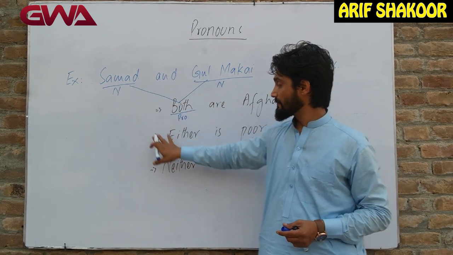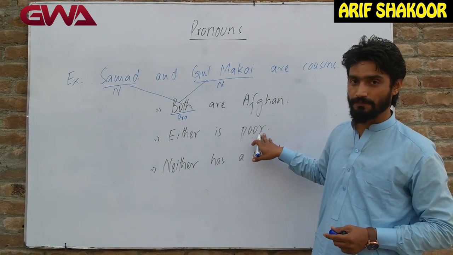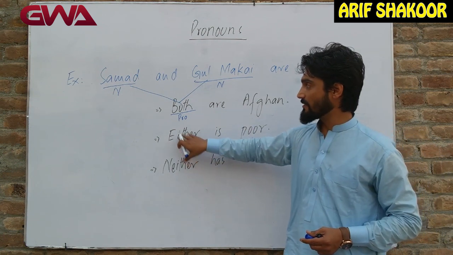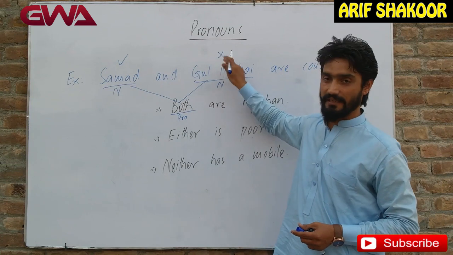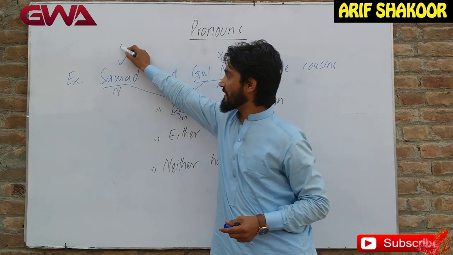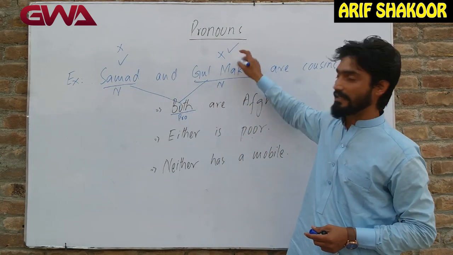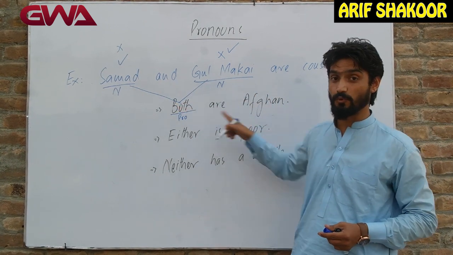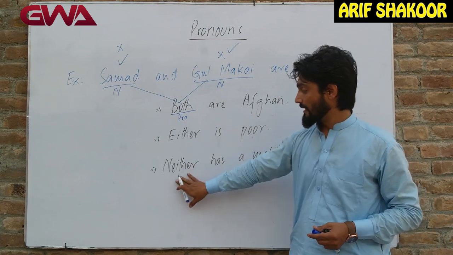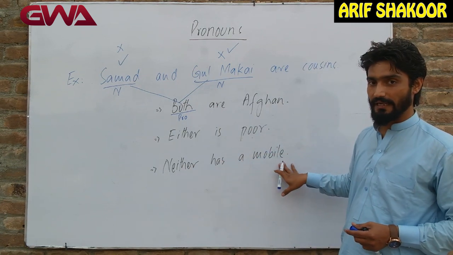Another example, either is poor. Either means if Samad is poor, Gulmakai is not poor. If Samad is not poor, then she is poor. Means one of them is poor. Neither has a mobile.